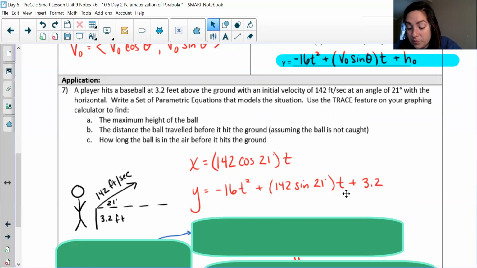So maybe do a quick zoom fit. Let's see how zoom fit did. My calculator's freaking out. Maybe I shouldn't have done a zoom fit. There it goes. Not bad.